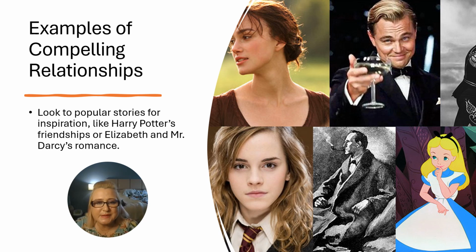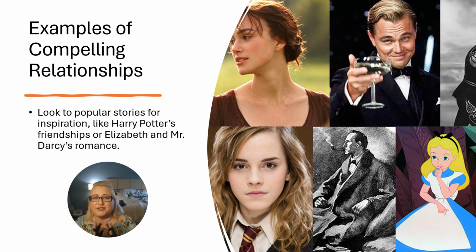So, some examples of compelling relationships. Some of the most memorable stories feature authentic, deeply impactful relationships, like Harry Potter. The friendship between Harry, Hermione, and Ron is not just about loyalty.